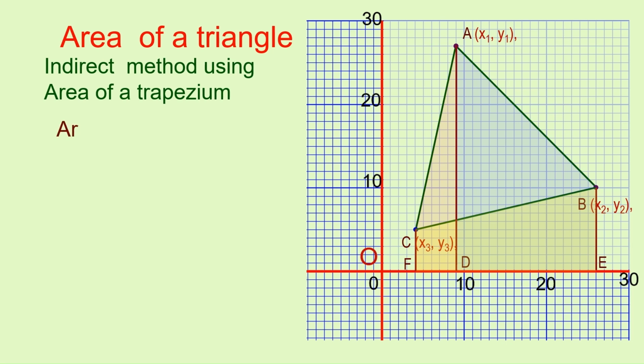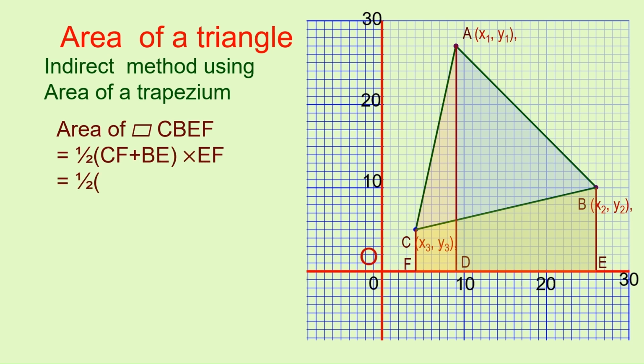Area of trapezium CBEF equals 1/2 times (CF plus BE) times EF equals 1/2 times (y3 plus y2) times (x2 minus x3).